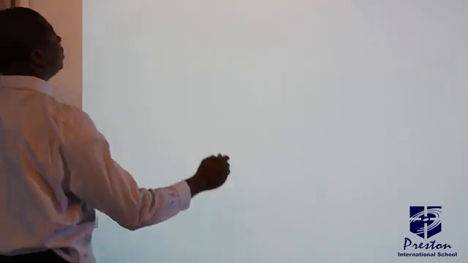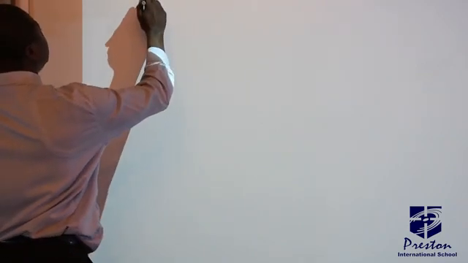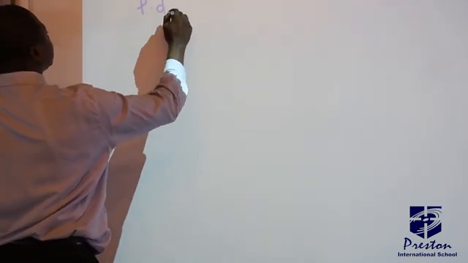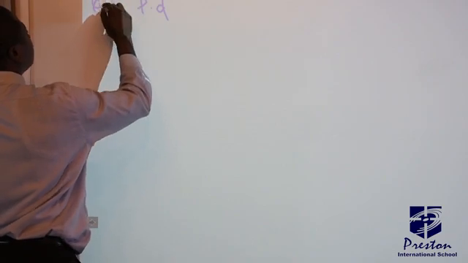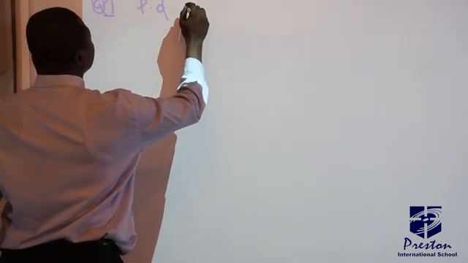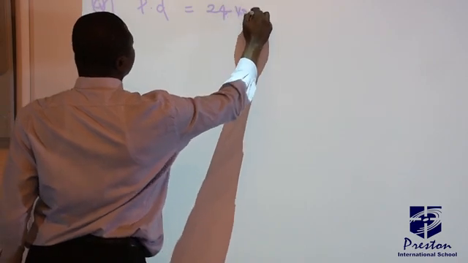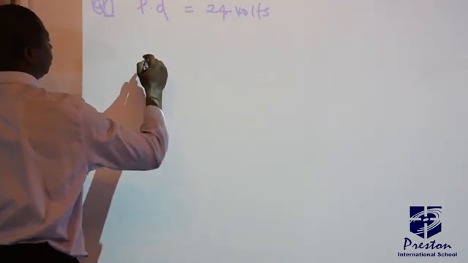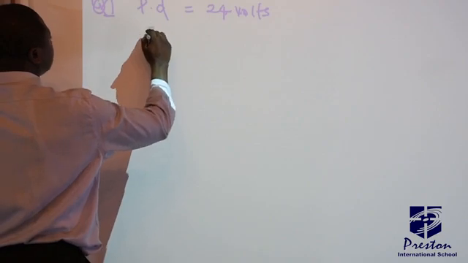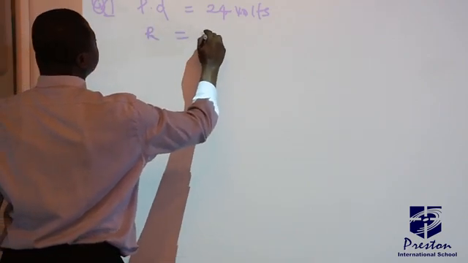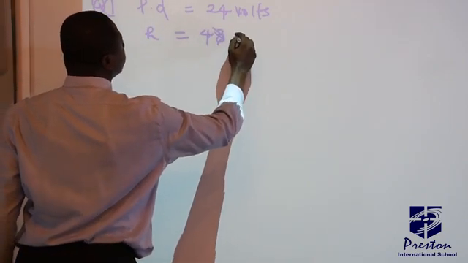First of all, write the parameters. We're given that the PD is 24 volts, while the resistance is 48 ohms.